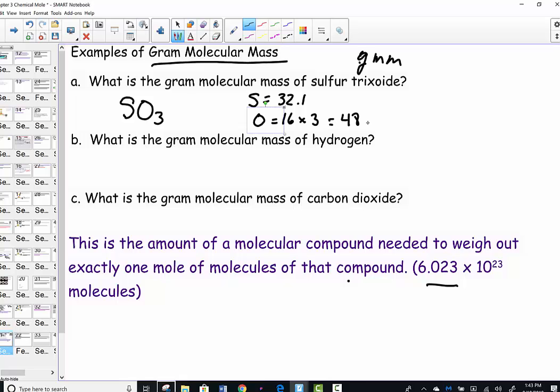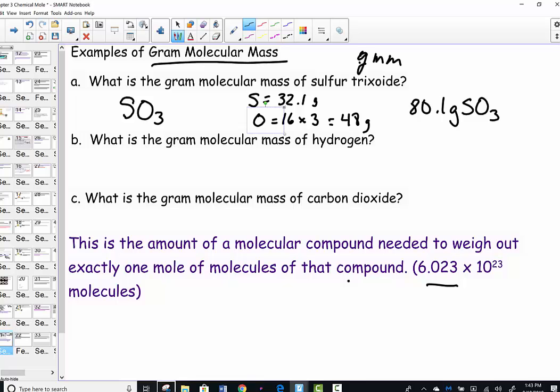So the total contribution from the oxygens is 48 grams. When you add 32.1 and 48, you get 80.1 grams of sulfur trioxide. Just adding the individual atoms together gives me the molar mass, the gram molecular mass, of that compound.